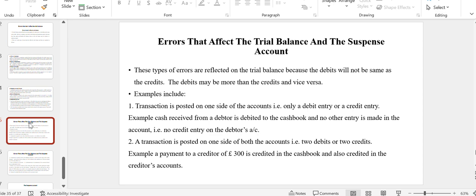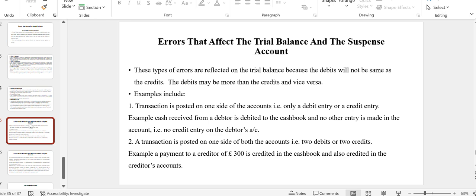Or a transaction has been made, but instead of debiting and crediting, you've debited twice on the same account. So it means the balancing figure in the ledger account that will be taken to the trial balance will overstate one side of that account, meaning it's not going to balance.